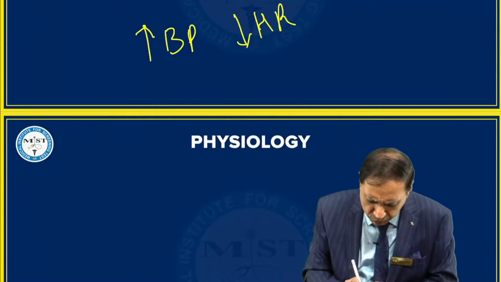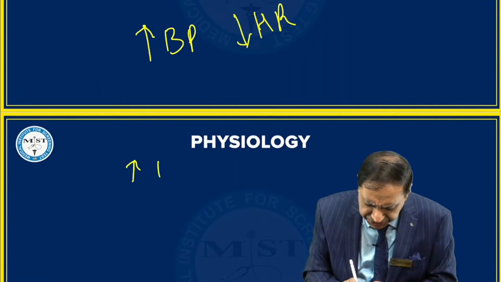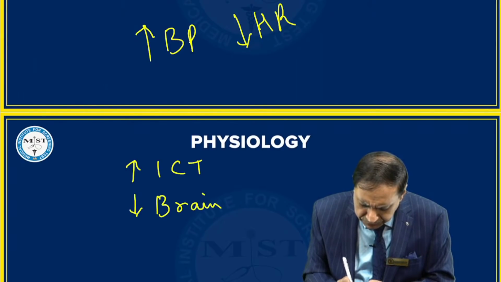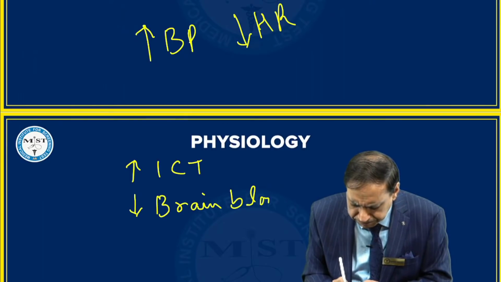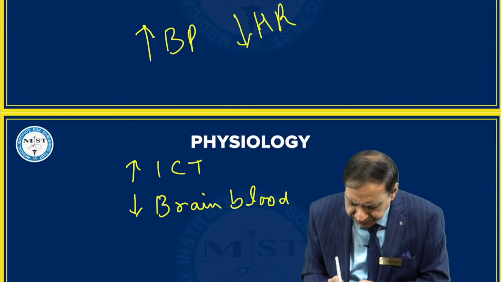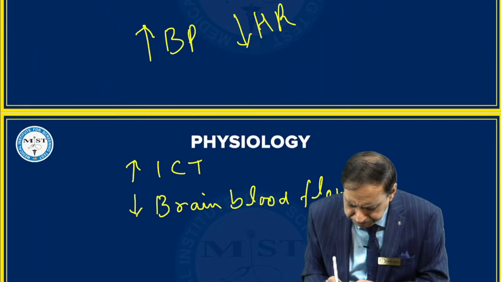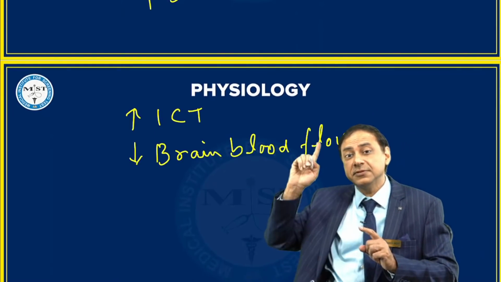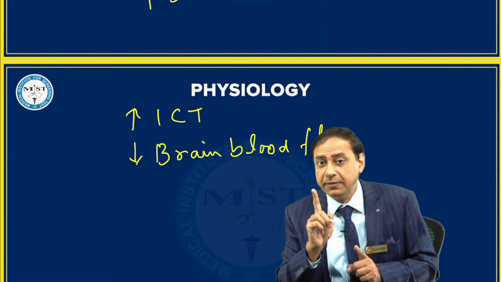So more intracranial tension will lead to reduced brain blood flow because of the pressure effect. When blood flow of the brain is reduced, brain will be ischemic.